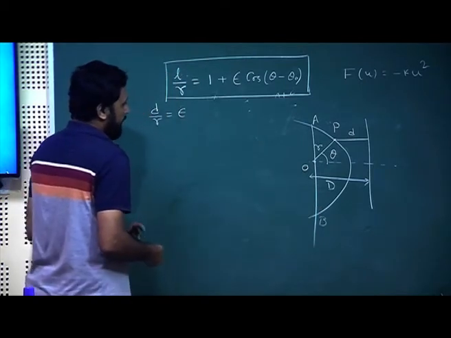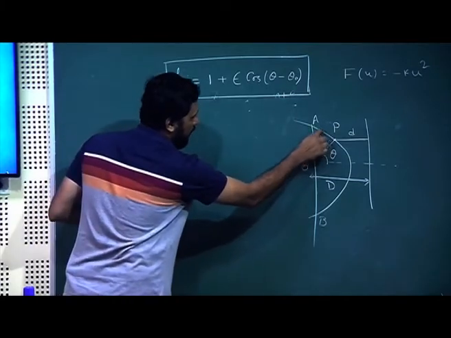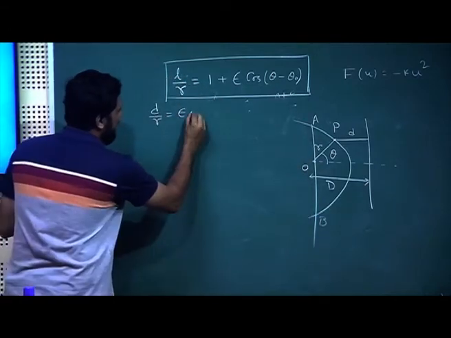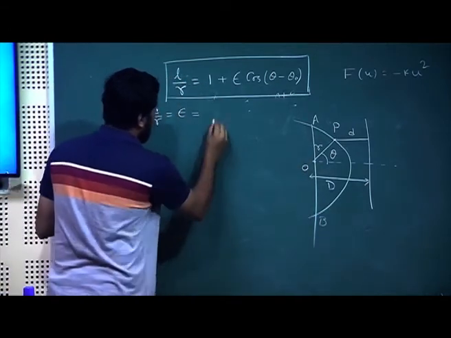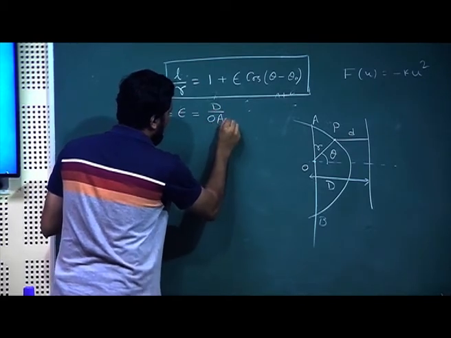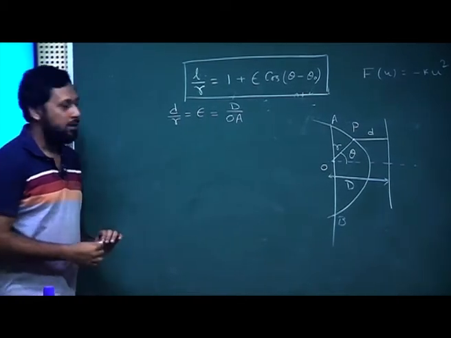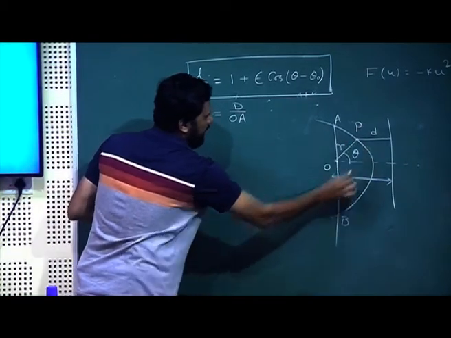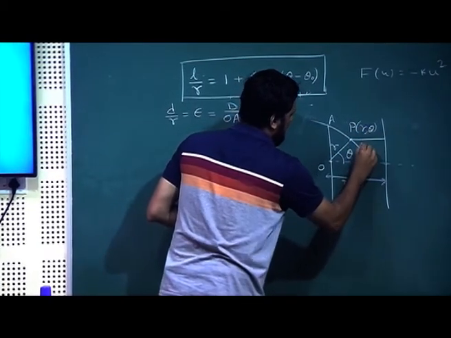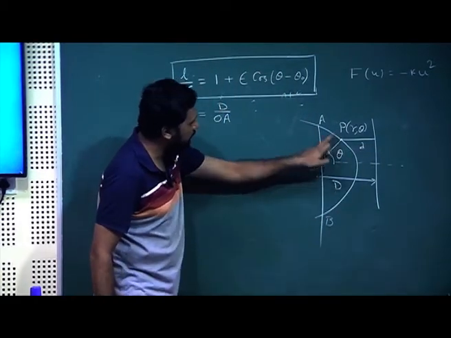Now, if this ratio is fixed for all points on this particular curve, then this will be the ratio of d by OA as well. Is it clear? This point P, which has a coordinate of r theta, can move along this curve.